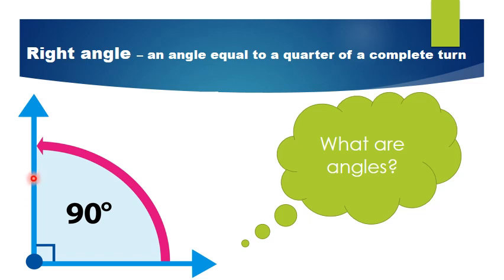We said that when two lines, this is a line and this is another line, meet at a common point, which is this point over here, which is known as the vertex, an angle is formed, and this is the angle. And because the angle is a 90 degrees angle, it will be marked with a square. I will explain this on the next slides.